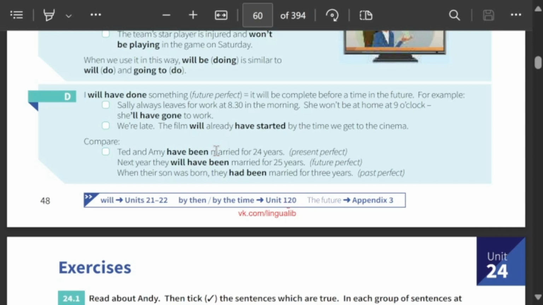They have been married for 24 years. Now, the same situation, but in the future, next year, they will have been married. Not ing over here, you see? They will have been married for 25 years. This have been. Been is the participle, not continuous.